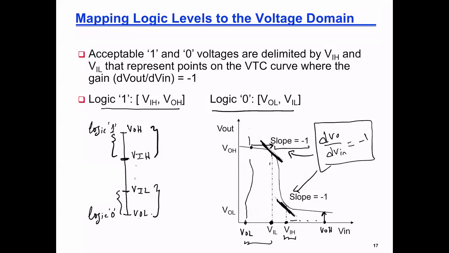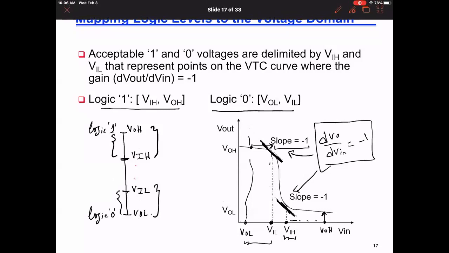And we expect that the response of the circuit, for the logic 0 to give me something close to VOH, and for the logic 1 to give me something close to VOL, or a very small range of fluctuation around VOL. Okay, so this is the definition of logic 0 and logic 1, and this range really determines my noise margin.